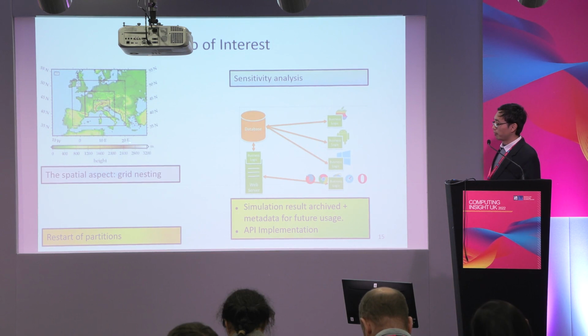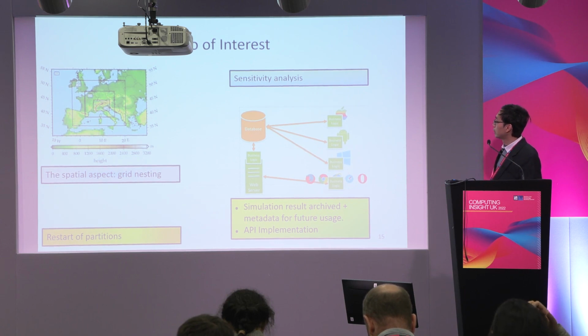So aside from the hot start, we can be concerned about the nesting of the models, which is another way of extracting information, but on a spatial scale. And while supercomputing is involved, we can think of restarting different partitions, which is also a problem.